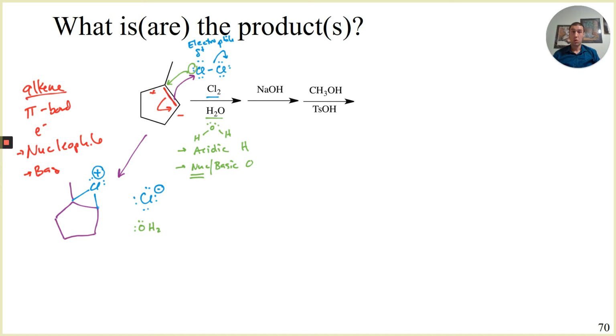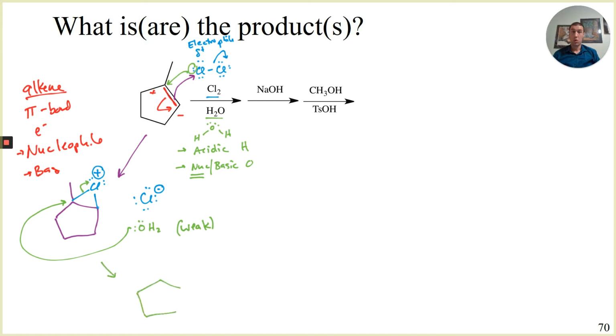Because we have a great leaving group, that chlorine does not want to be positive, and we have a weak nucleophile because it is not charged, our water is going to attack the more substituted position, causing the bond to break.